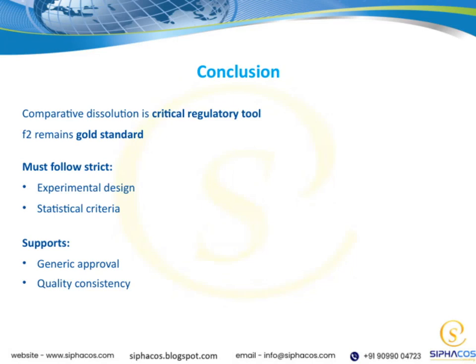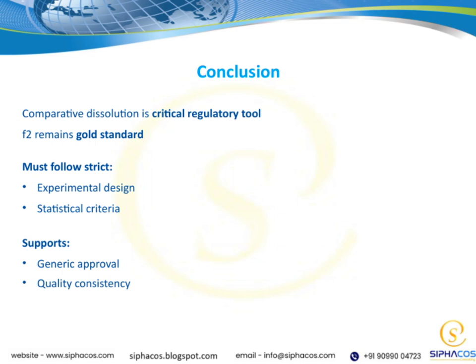In conclusion, I want to emphasize that comparative dissolution remains a critical regulatory tool in our industry. It helps us ensure that generic products meet the necessary standards for approval. The F2 similarity factor continues to be the gold standard for assessing dissolution profile similarity.